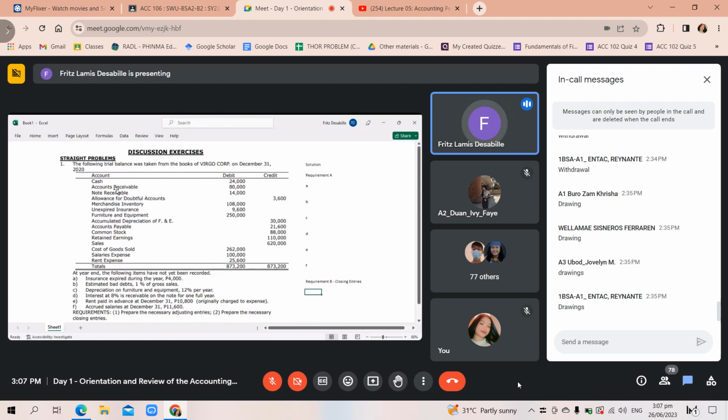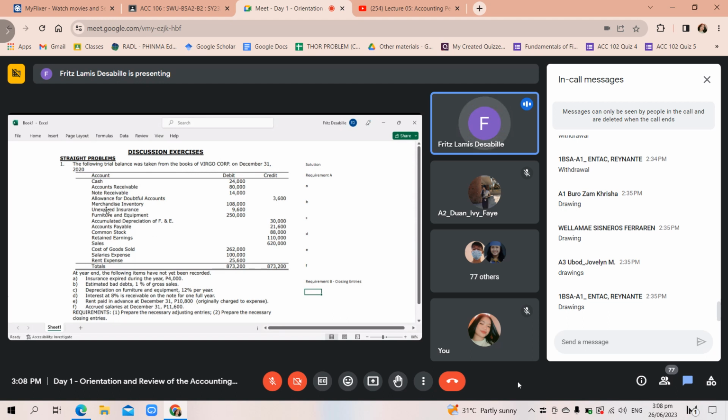So for this AR, we need to adjust it because we need to increase or decrease the allowance for doubtful accounts. Note receivable, sometimes there is an interest income to be recognized, because notes receivable is usually interest bearing. So there is interest income to be recognized.